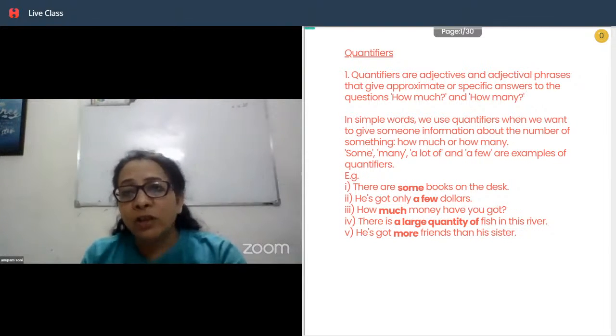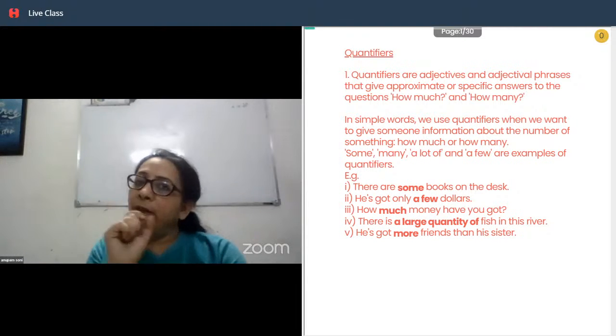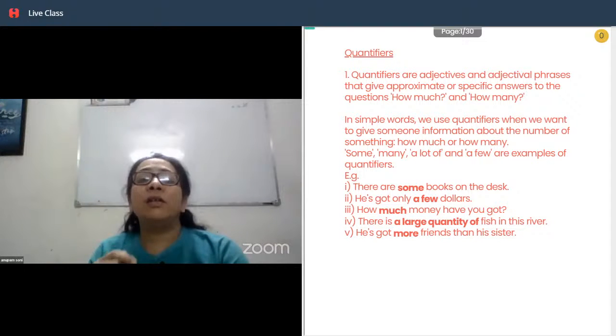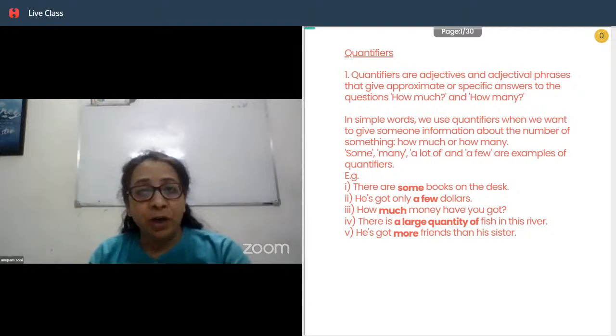The moment you see a sentence, you should figure out the noun and check which noun the quantity is referring to. If that noun can be counted, you will use the quantifier for counting, how many. But something which you cannot count, there you will use how much.